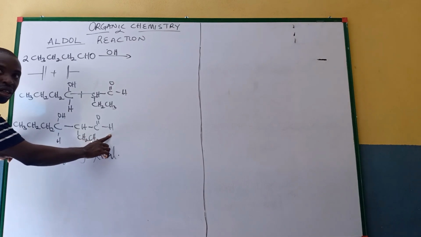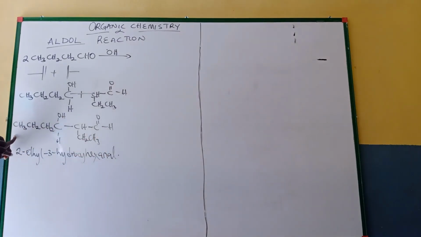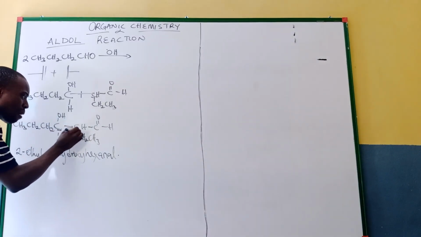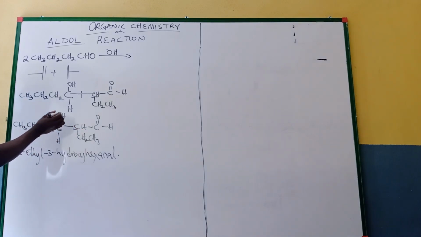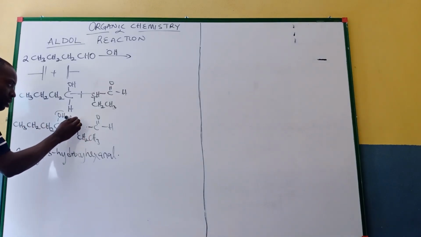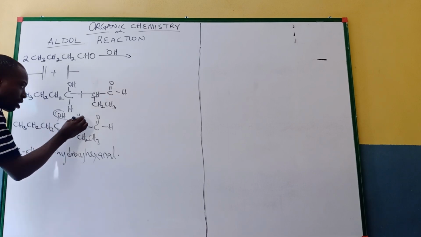This is what we call the aldol, which is the aldol reaction. While for the aldol condensation, simple: a molecule of water is removed between this carbon, where this alpha hydrogen will lose one hydrogen, and this OH. Let me make it clearer to you. So here it's removed.